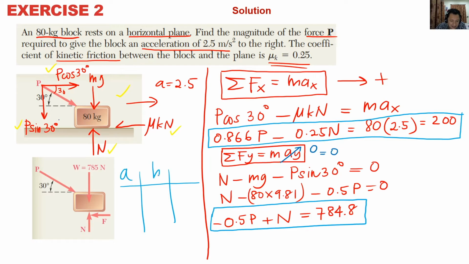This is A, this is B, this is C. You have to put in everything.